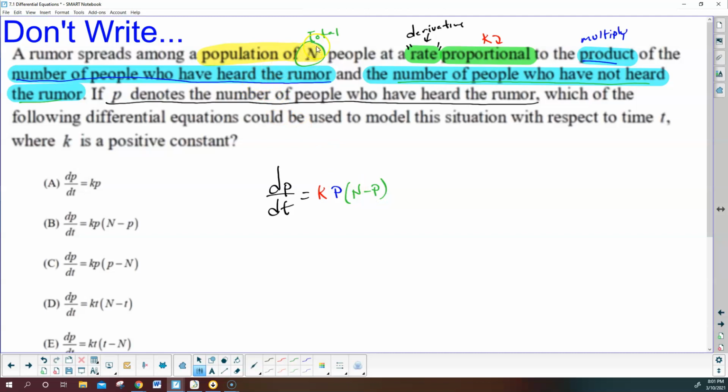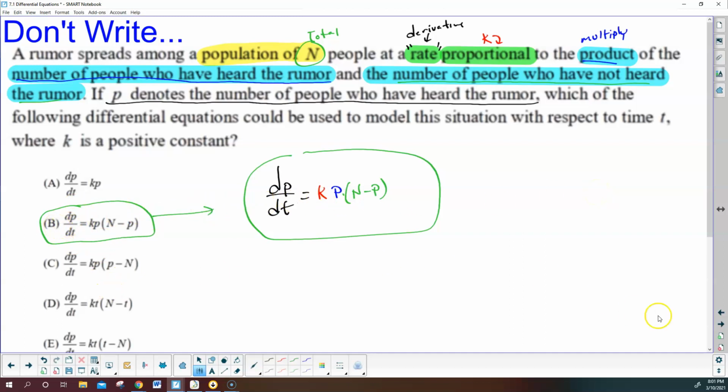So that would be the total amount of people minus the people who have heard the rumor. Well, this would be the people who have not heard the rumor yet. And then it's just the product, and product means multiply. So you can see right here, the differential equation that represents the scenario is B.